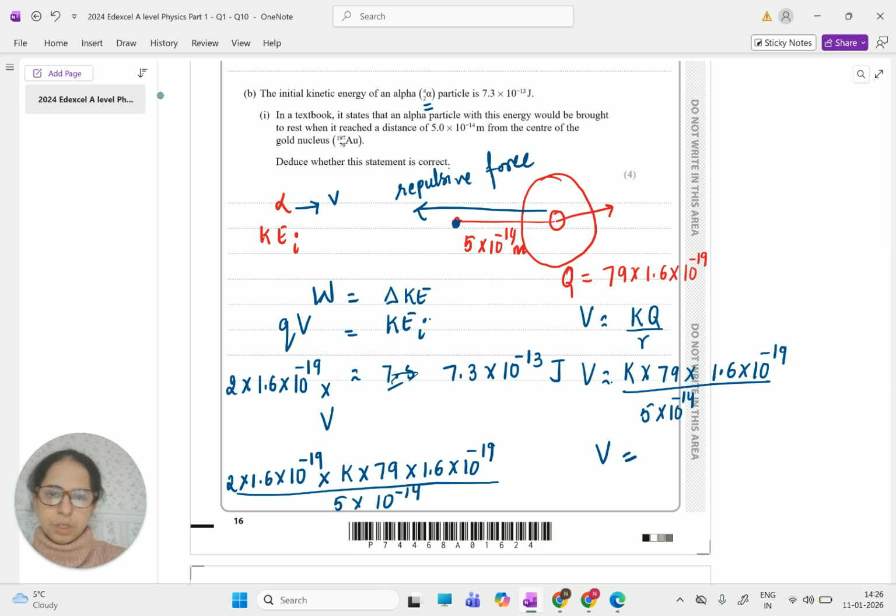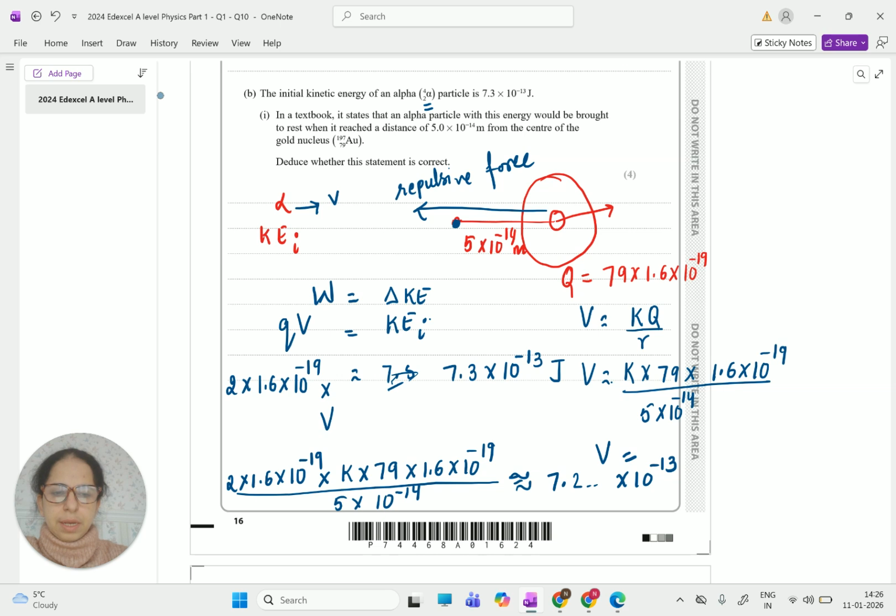If this comes out equal to 7.3 × 10^-13, which I got earlier, I plugged in the values and got nearly 7.2 something × 10^-13. So hence the textbook is correct.